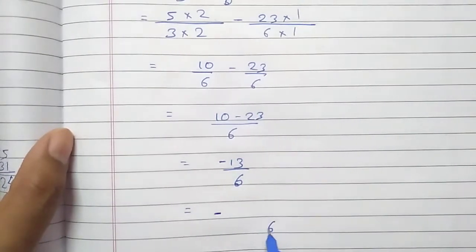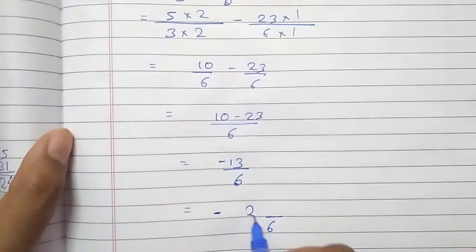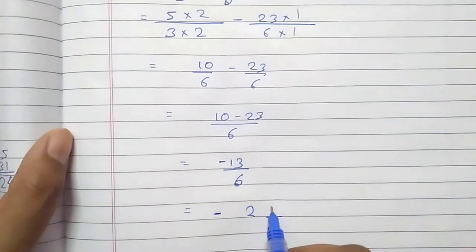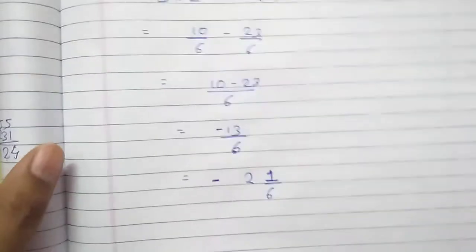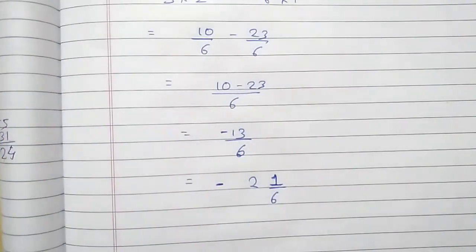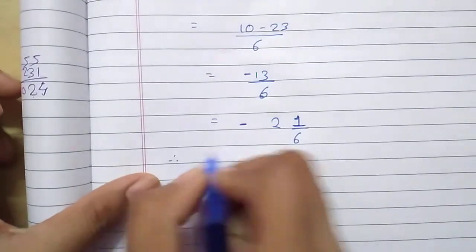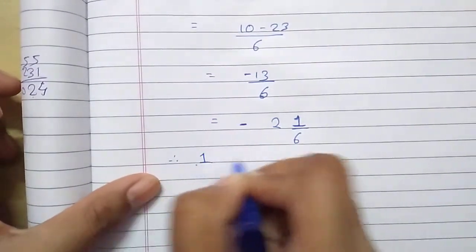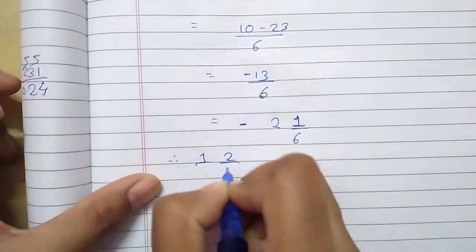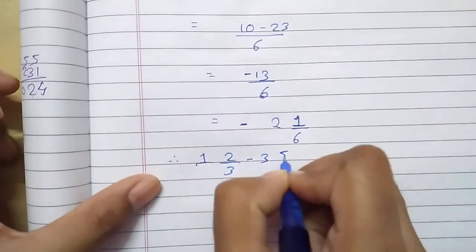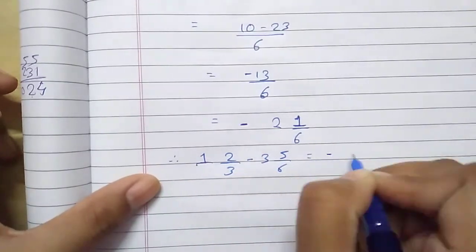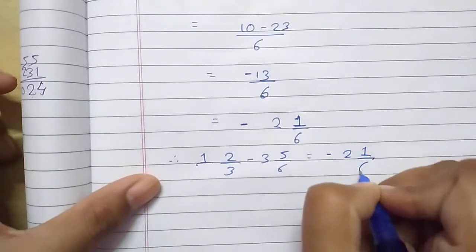And 6 as it is. 6 2s are 12 and here plus 1. Okay, in this form. I'll write full question now with answer. Hence 2 upon 3 minus 3 5 upon 6 is equal to minus 2 1 upon 6.